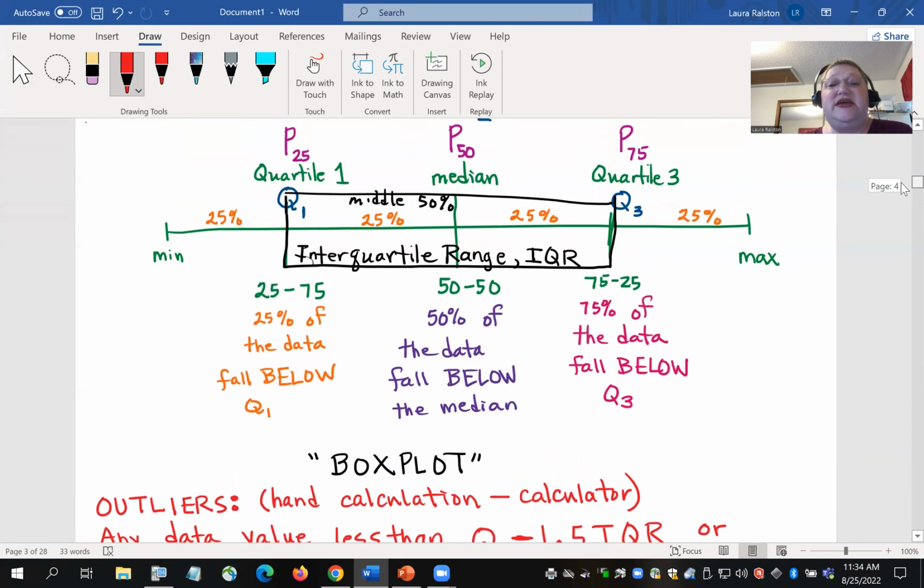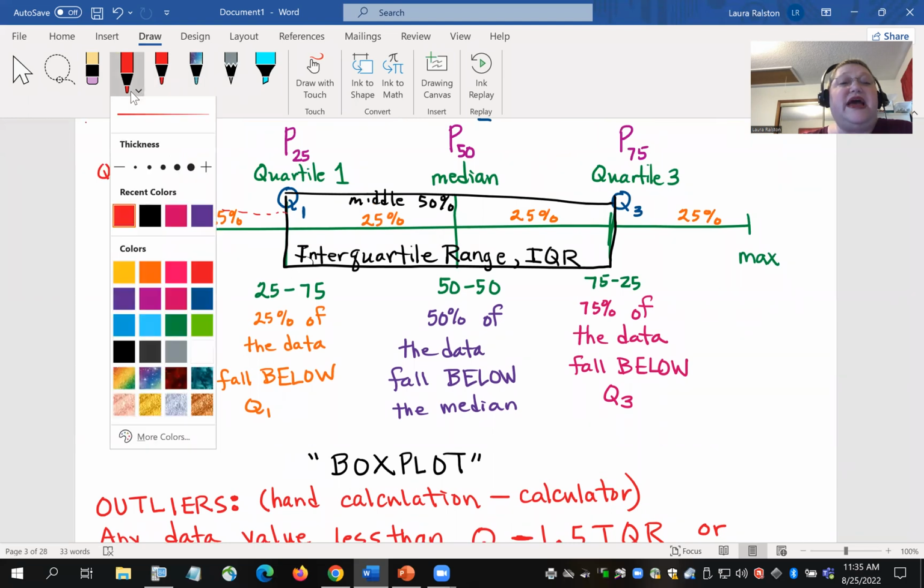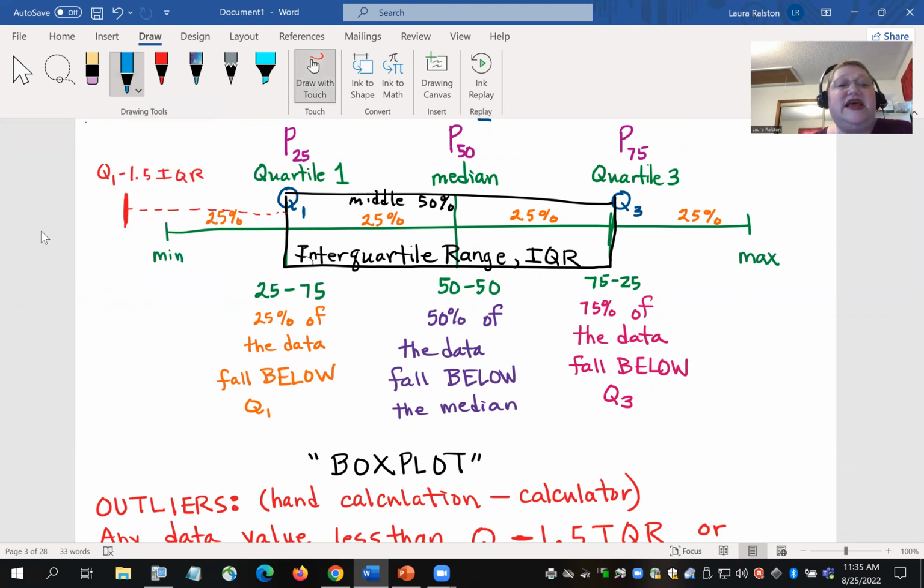So visually, here's what happens. We have our box plot, and we're going to calculate Q1 minus 1.5 times the IQR. It's like that's going to create a fence post out here. And then anything that is outside the fence is an outlier.